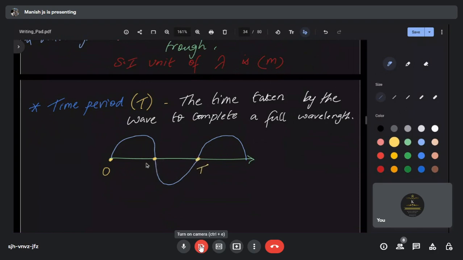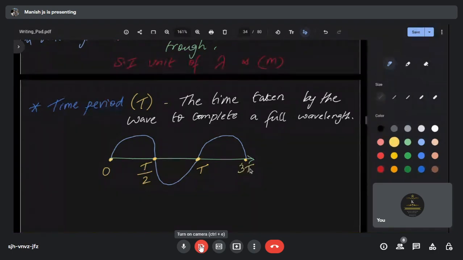அப்போ இந்த நடு பாயிண்ட் வந்து எப்படி எழுதிக்கலாம்? t by 2, half time period. This is full time period. அதுக்கப்புறம் what will be the next point? This point, what will be the time period? அதோட இன்னொரு half சேர்த்துக்கணும். t plus half, t plus t by 2 எவ்வளோ? How much do you get?